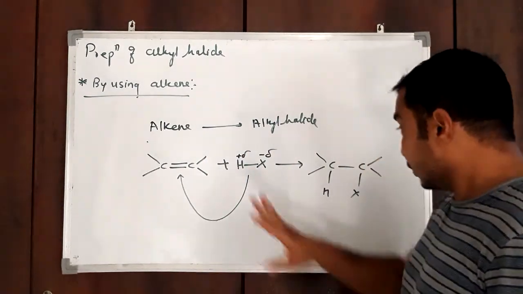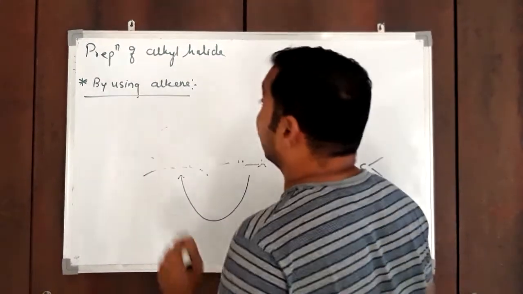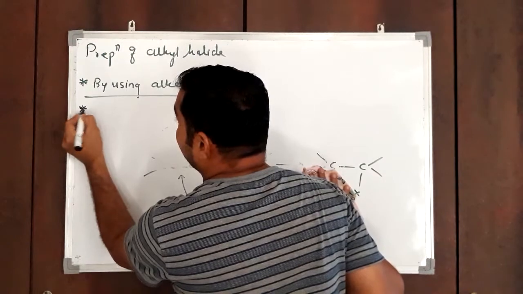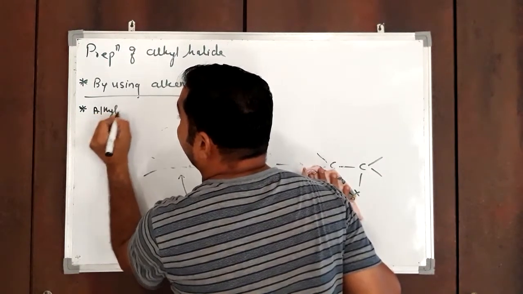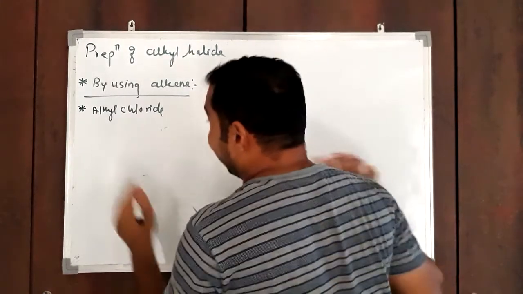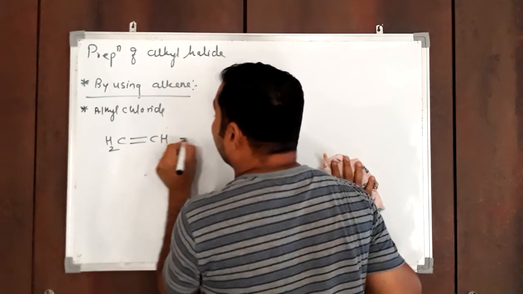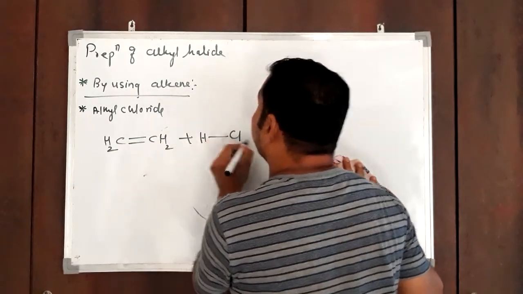Okay. Very simple. Now if we want to prepare alkyl chloride, then what we have to do? Very simple. Take any alkene, for example this alkene, and react it with hydrogen chloride.